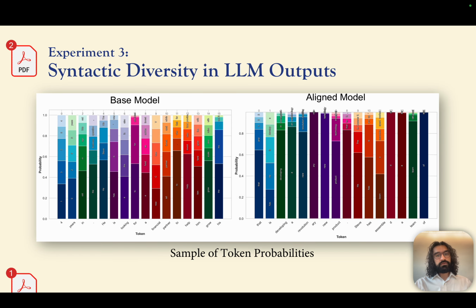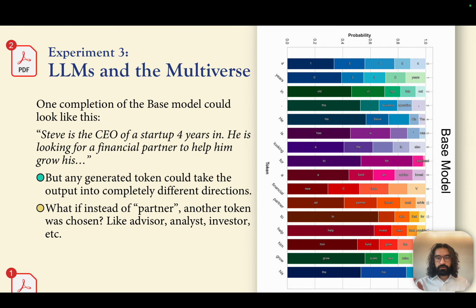When we look at the generations of the base and aligned model as they complete our prompt, we see that the base model spreads out these probabilities among many different tokens. Here I'm just showing the top 5, but look at the first one. It is assigning non-zero probability to several tokens. So every time you sample from it, it is possible that it will generate something else.